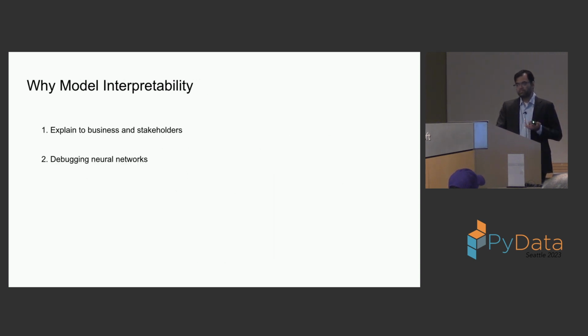And the next thing is why model interpretability? A, it is explaining to business and stakeholders, and B, it is to debug your neural network, right? When I say explain to business stakeholders, a lot of business leaders don't know what a neural network is, and they don't want to know either, right?